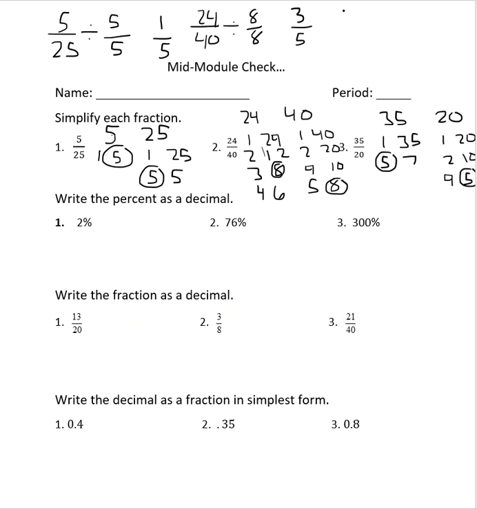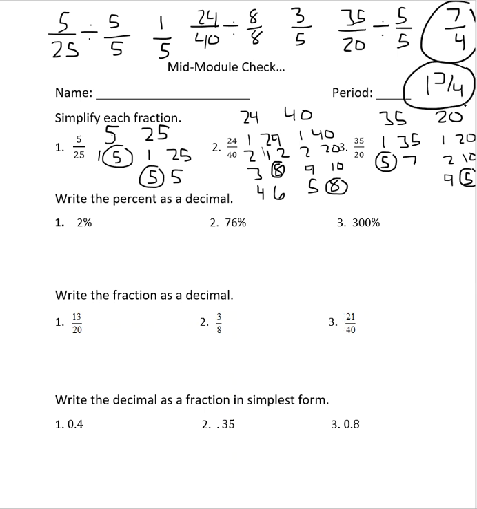So now we take the 35 over 20 and we divide both the top and the bottom by 5 because that's our greatest common factor. 35 divided by 5 is 7. 20 divided by 5 is 4. Now, you could leave this as an improper fraction of 7/4, or you could say 4 fits into 7 one time with 3 left over.